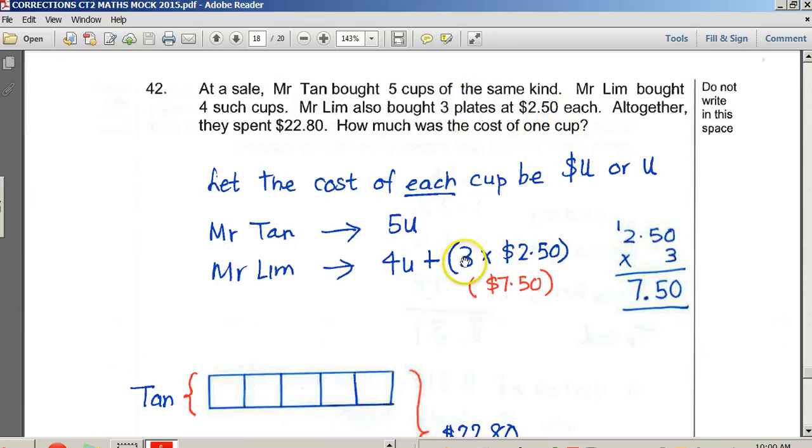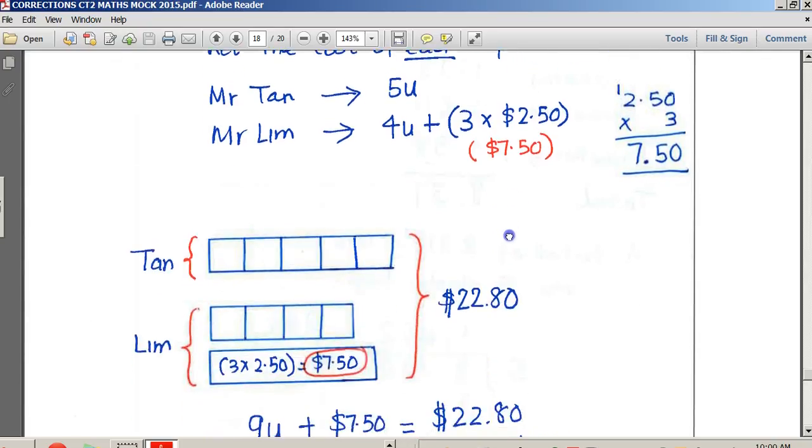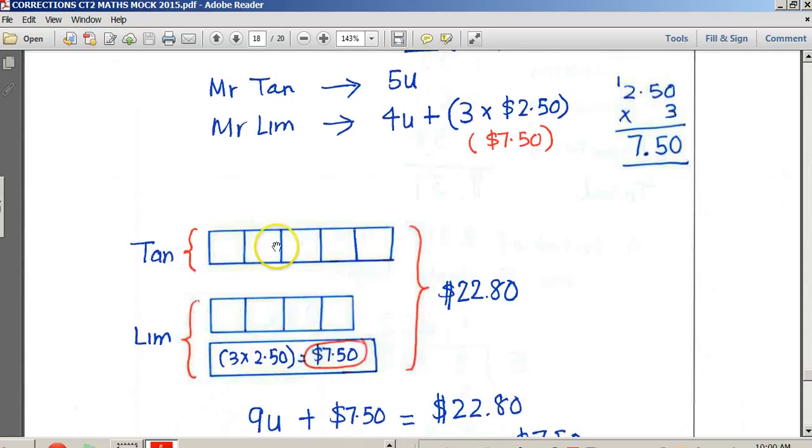So actually the total amount which they spend altogether is this: 5 cups, 4 cups, plus the plates. Now this is not in dollars yet, but these will be in dollars. So the model is like this: 5 cups, 4 cups, and another box here.